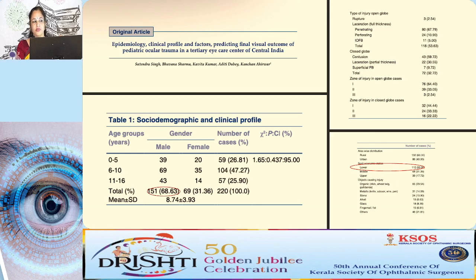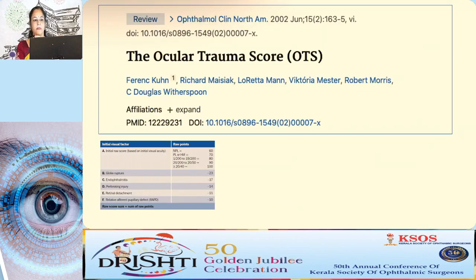This was a paper conducted in a tertiary eye care center in central India. Among the pediatric trauma cases, most were males, the boys were more commonly involved, and the lower socioeconomic group was more involved with injuries.